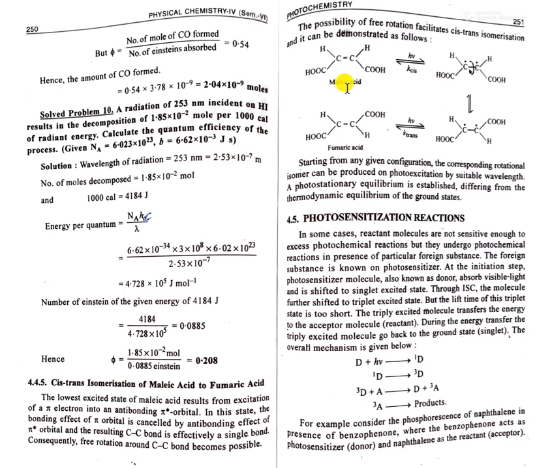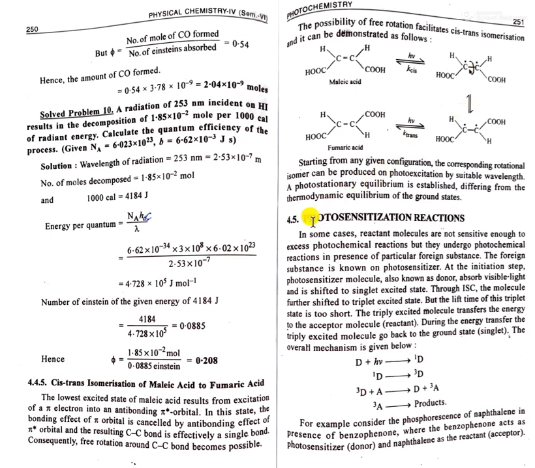In this state, the bonding effect of the pi orbital is cancelled by the anti-bonding effect of the pi star orbital, and the resulting carbon-carbon bond is effectively a single bond. Consequently, free rotation around the carbon-carbon bond becomes possible. So this is the cis-trans isomerization process.